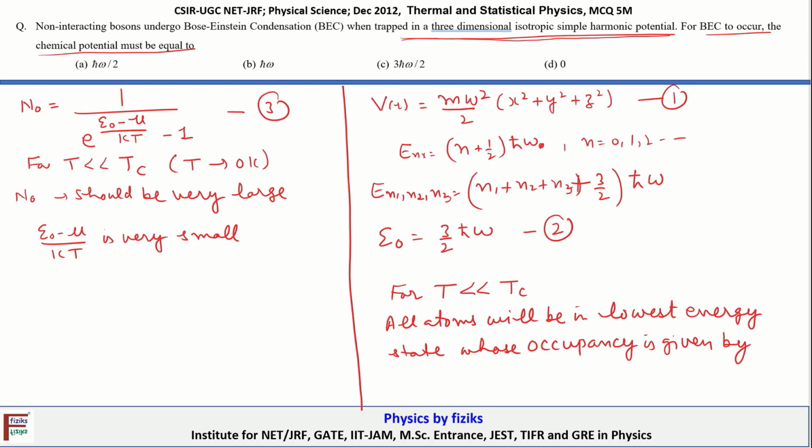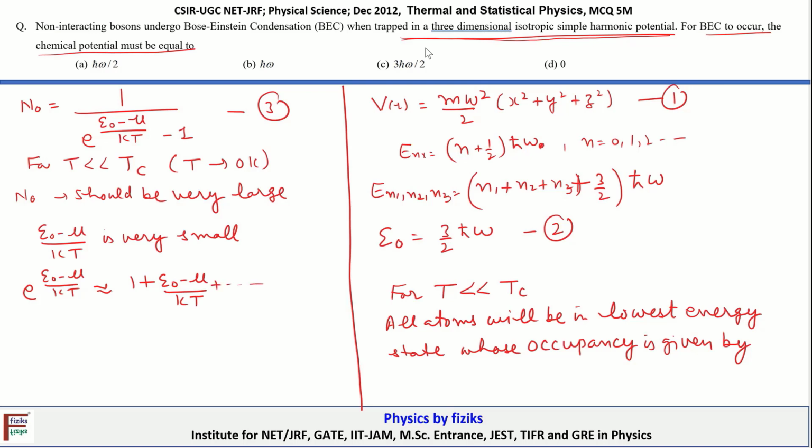And when this is very small, we can approximate the exponential term in equation 3, exponential of E0 minus mu upon kT, as 1 plus E0 minus mu upon kT plus higher terms which we are neglecting here.